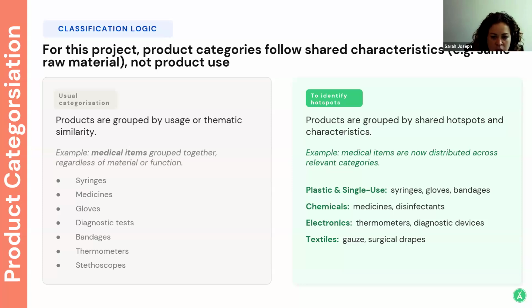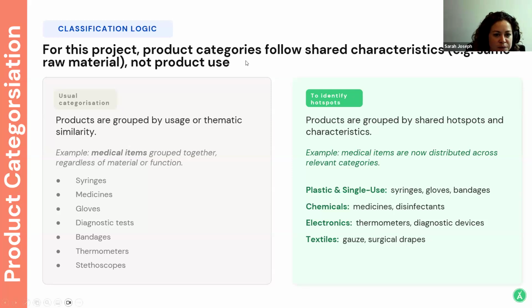Chemicals would include medicines and disinfectants. Electronics: thermometers and diagnostic devices. And textiles would be gauze or surgical drapes. There are many different items in this. For example, plastic and single use may also include things that are outside of the medical, like single use shelter items, single use NFIs, for example.